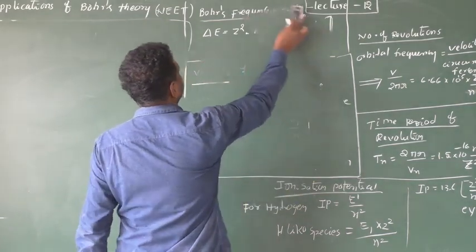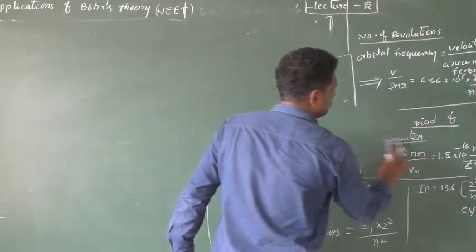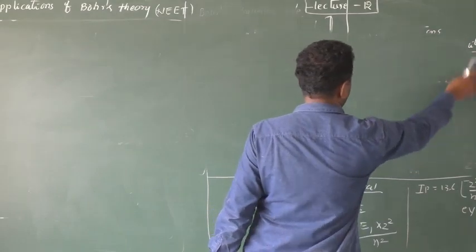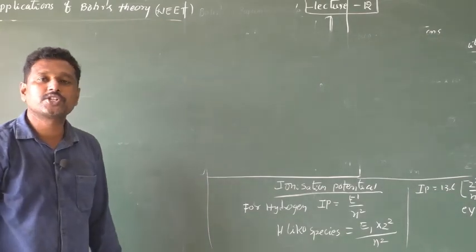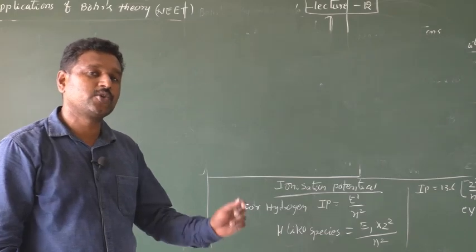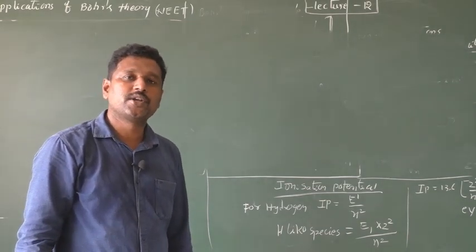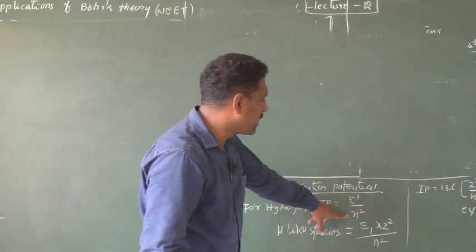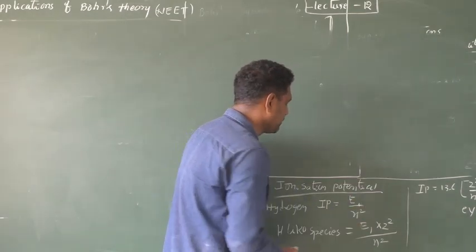After that, ionization potential. So ionization potential means the minimum energy required to remove an electron from the outermost orbit. Here for hydrogen, IP equal to E1 by n square. E1 is the energy of first orbit.